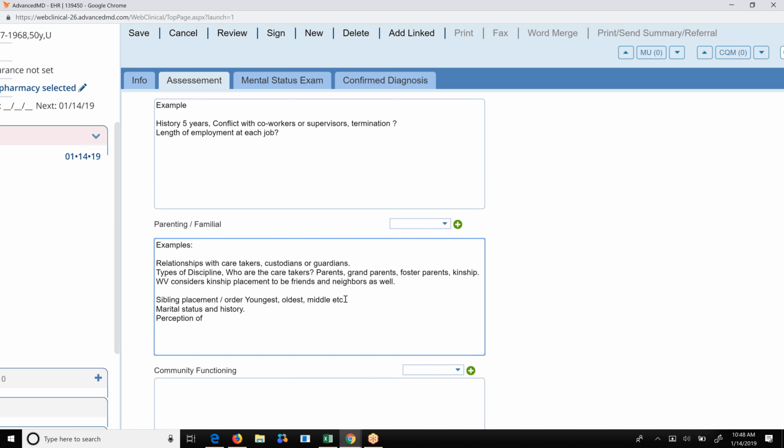Think of it in terms of painting a picture, showing a pattern. The more information you can collect in each of these sections, the more it affords you the ability to track the pathology of how this particular client came to be where they currently are. And all of it is relevant.